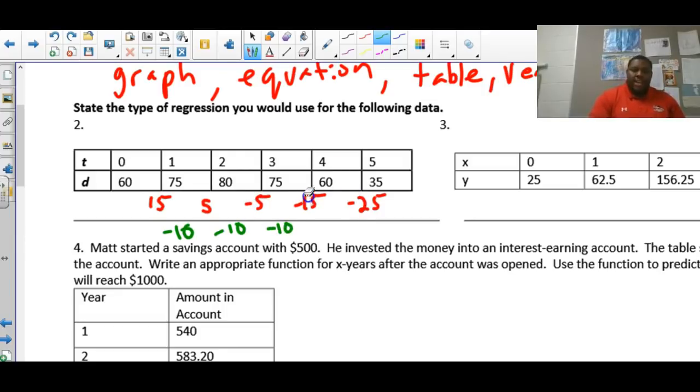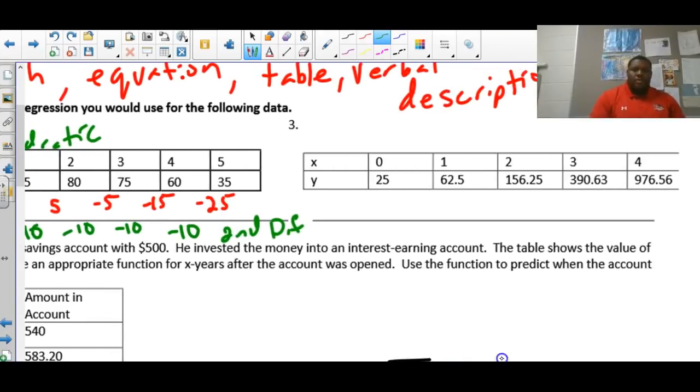Negative 25 minus negative 15 becomes plus 15, which is negative 10. So this is the first difference, and this is the second difference. Because it's the second difference, guys, that makes this quadratic. So the type of regression is quadratic regression.